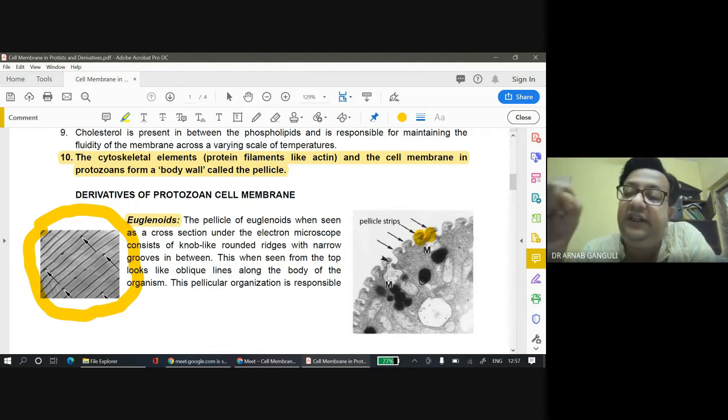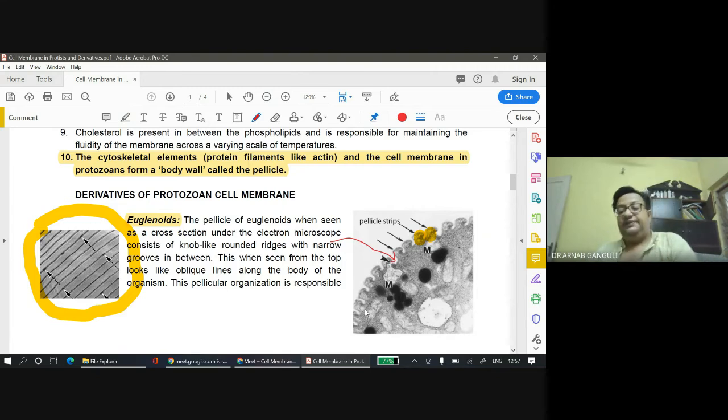these door lock like knob-like structures, and in between these knob-like structures you will find grooves. If you elongate these, these grooves are what you see as these oblique lines.